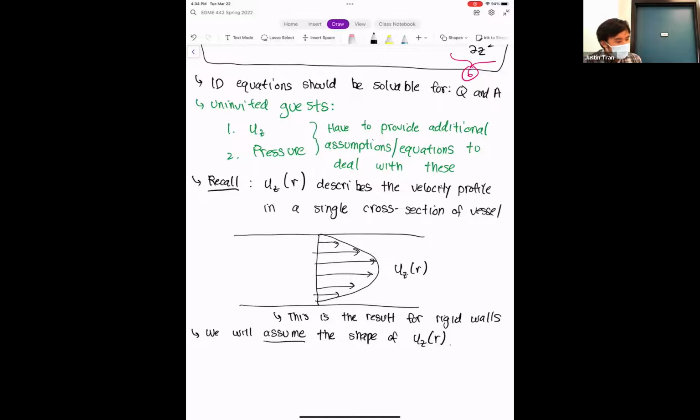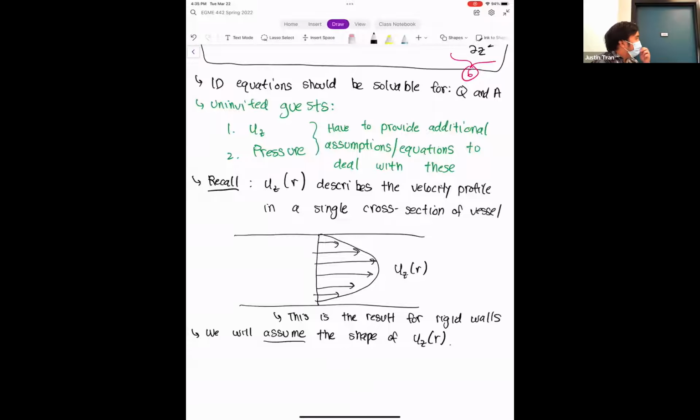And there's lots of options. There are a lot of different ways that you can assume. In the notes that I have, just for the sake of brevity, I only have one such assumption. But if you go into the course reader that I posted for the class, they go into a fairly deep derivation of how you can assume a generic profile. I try to say generic and general at the same time, and it came out as general. It sounds like some guy's name.